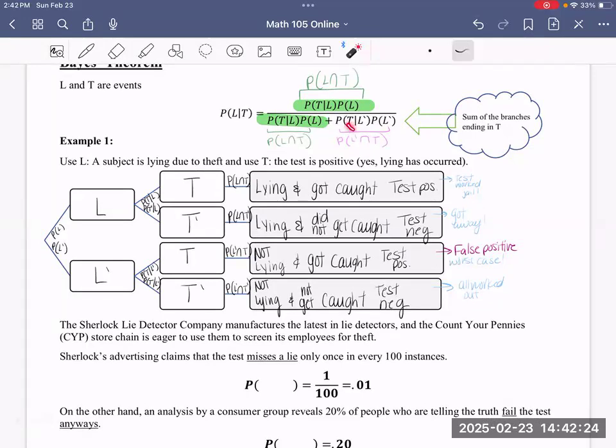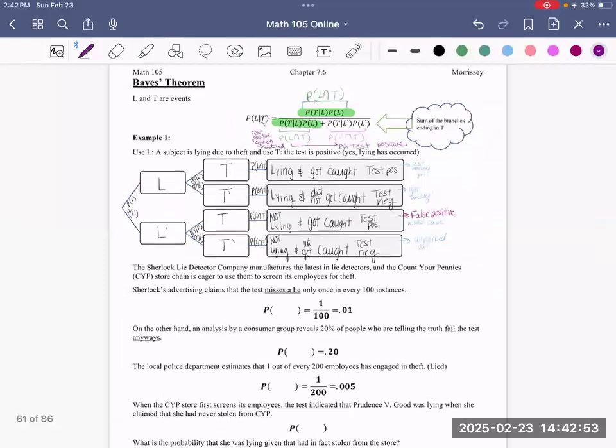Therefore, we want to make sure that we are only summing up the total of the cases where we are testing positive. In this case, that is all test positive, no matter your outcome. So you test positive given a lie, or you lied given that you test positive.